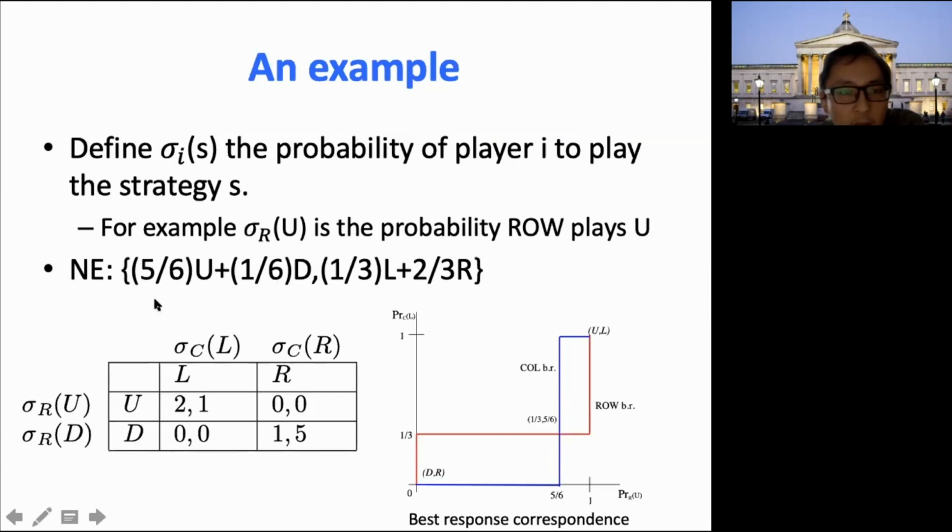For example, I play U with probability 5 out of 6, and D with 1 out of 6. You can base this on writing down the best response correspondence curve. For player 1 and the opponent on the y-axis, this is their best response.